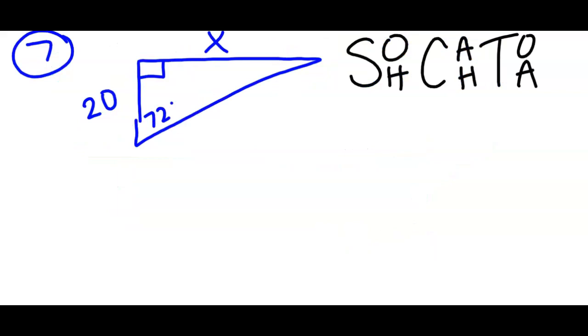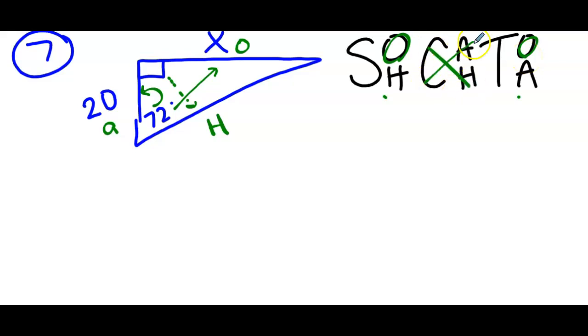All right, let's look at number 7. What do I know? Well, compared to 72 degrees, this is my opposite. This is my h. And that, because I have to bend my arrow, is my adjacent. So x is opposite. So I know that I'm dealing either with sine or tangent because I'm looking for my opposite.